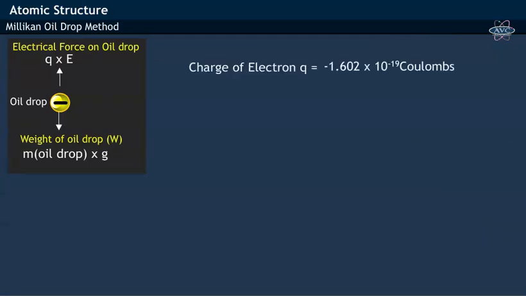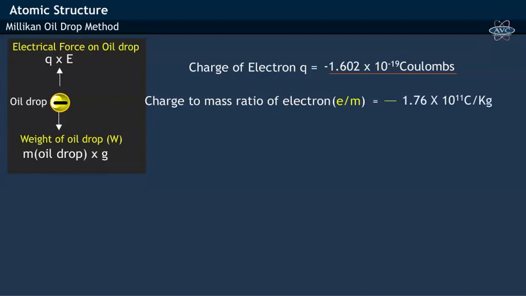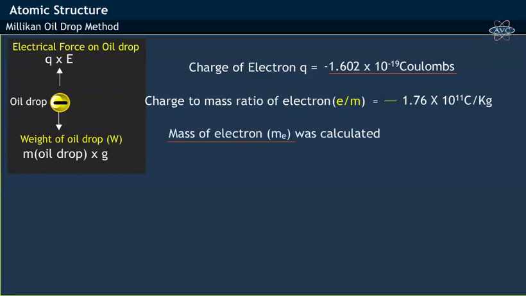Using the charge of electron value of minus 1.602 times 10 to the power of minus 19 coulombs and J.J. Thomson's charge to mass ratio of the electron, that is e by m value of 1.76 times 10 to the power of 11 coulombs per kg, Millikan calculated the mass of the electron.